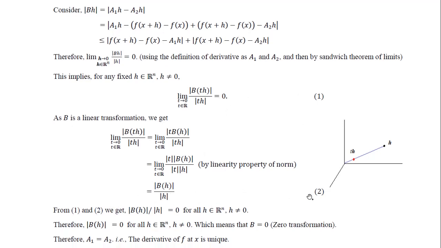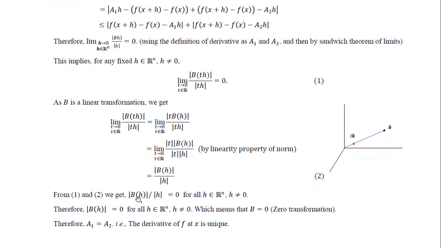So from 1 and 2 we have got that the norm of Bh divided by the norm of h is 0 for any non-zero vector h in Rn, because h was arbitrarily fixed.